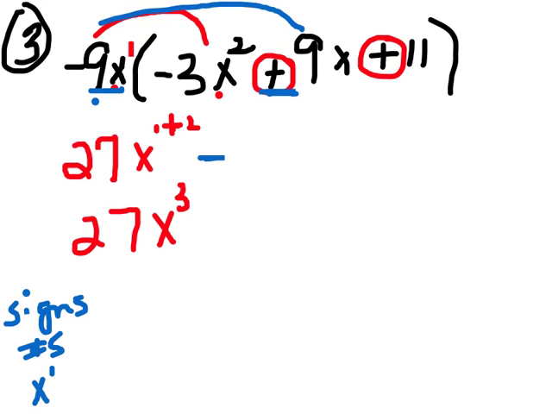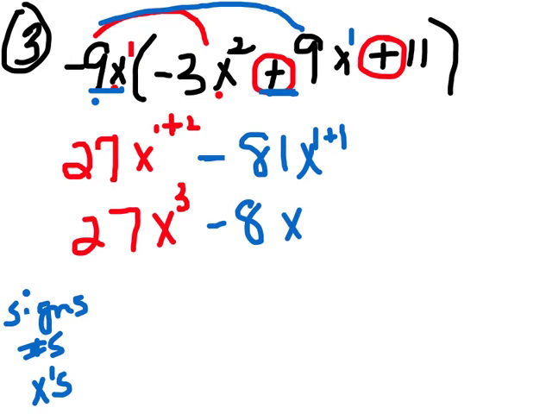Then I'm doing the x's, or the variables. 9 times 9 is 81. And x to the 1 times x to the 1, I add those two ones, and I get x squared. 1 plus 1 is 2, so x squared. I'm just going to simplify it as I go so that y'all can see. I'm just writing the rule in there in case you have a hard time remembering it.